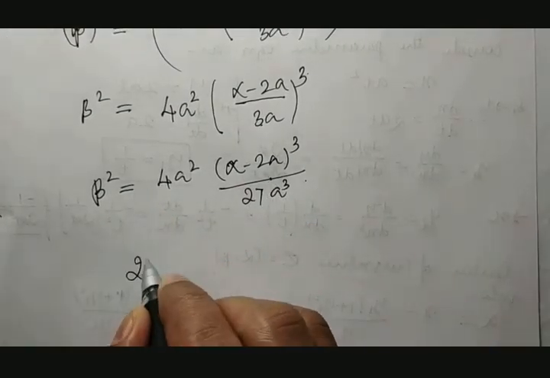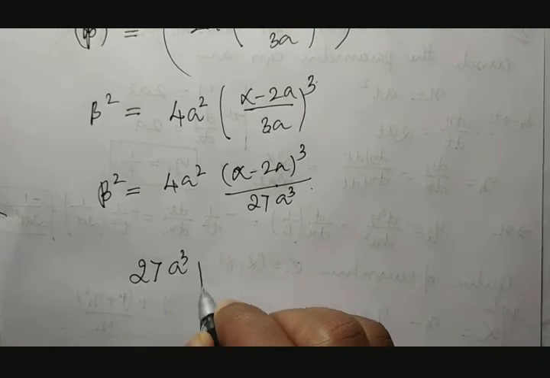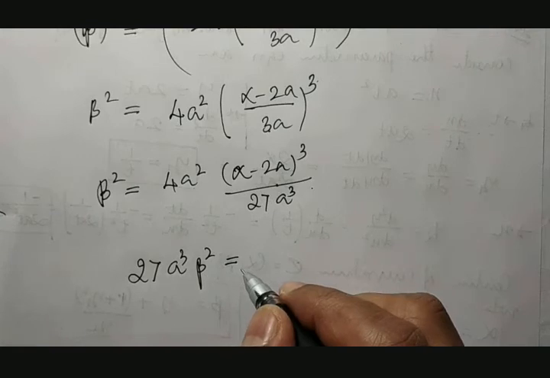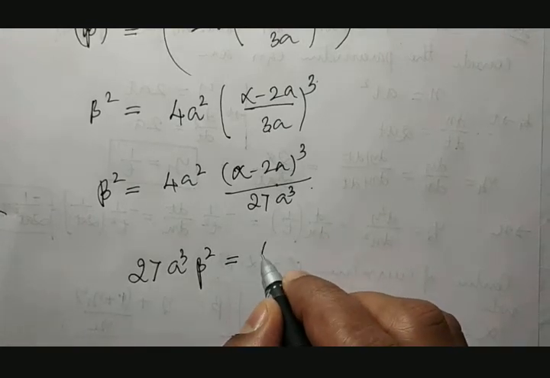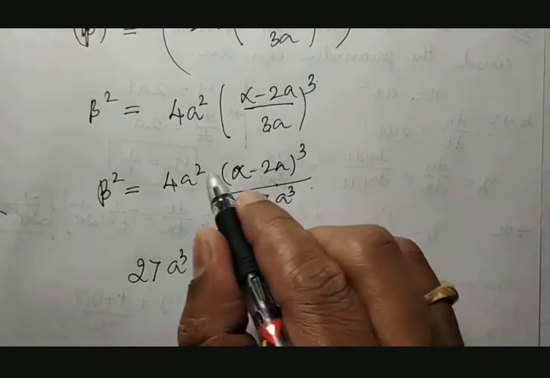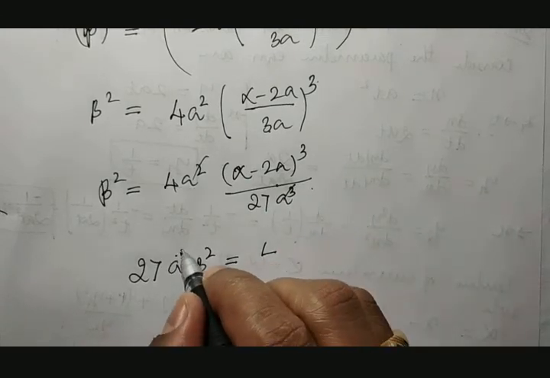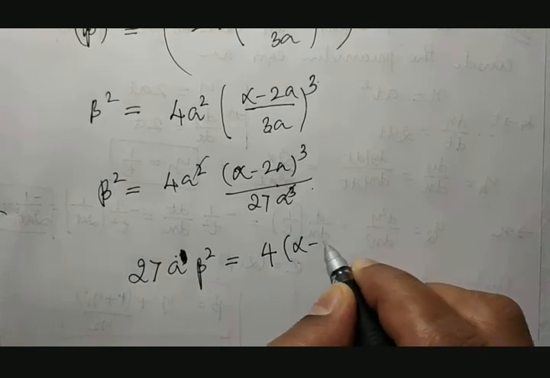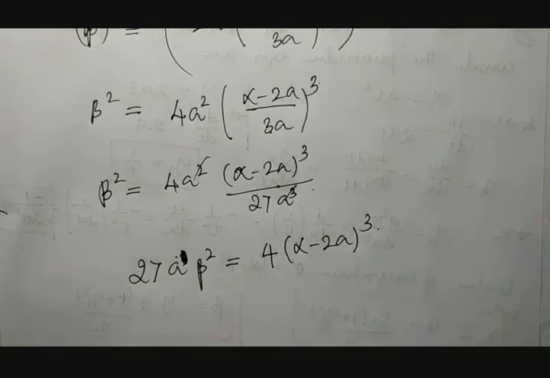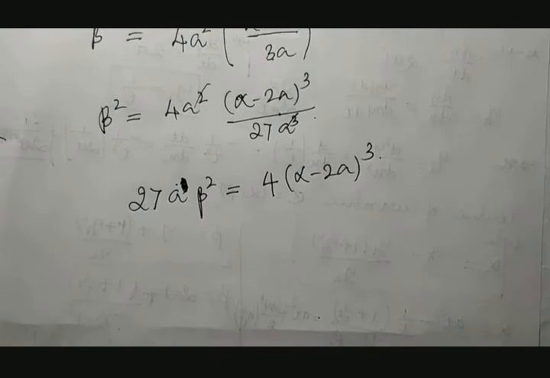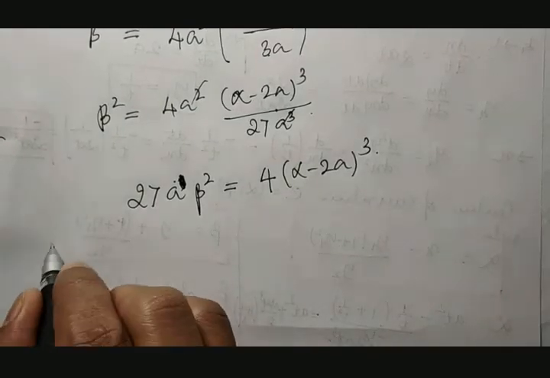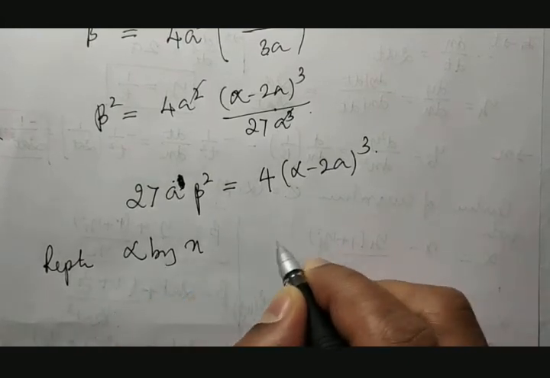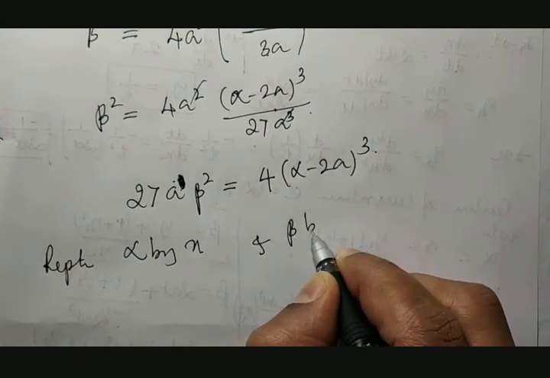Then it becomes 27a cube into beta square is equal to 4 times, just a minute, it gets cancelled, then only a comes. Then 4 times alpha minus 2a raised to 3. Fine. Then what to do? Replace alpha by x and beta by y.